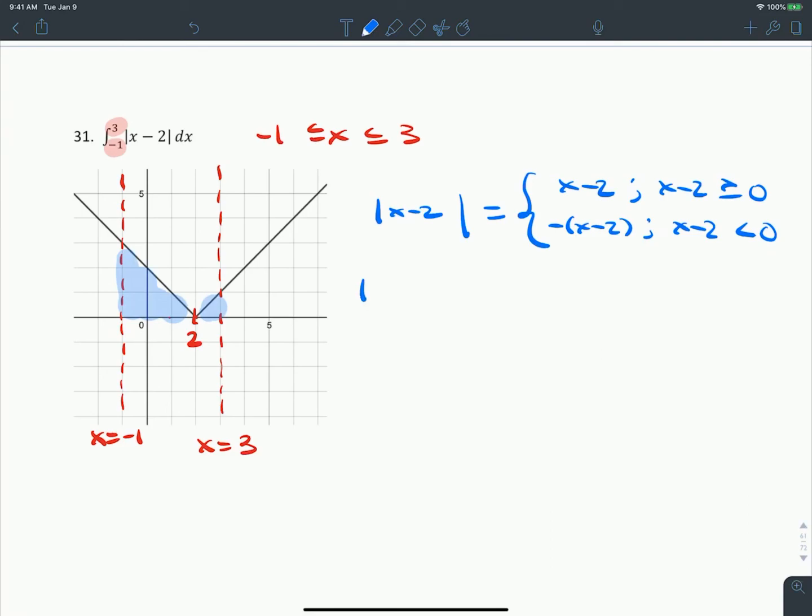So if we simplify a little bit here, here's the definition of our function. It's x minus 2 when x is greater than or equal to 2, and it's going to be minus x plus 2, or we can write this as 2 minus x when x is less than 2.